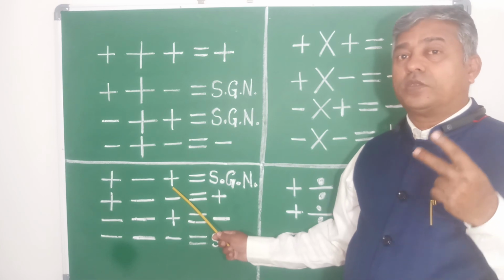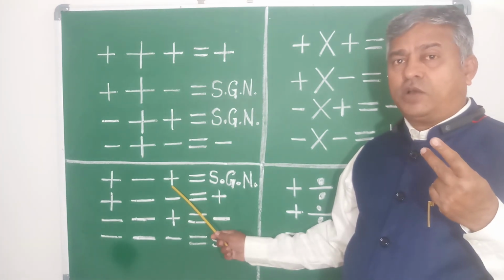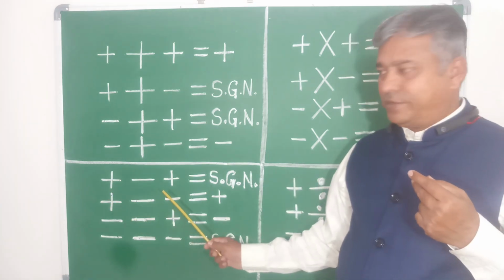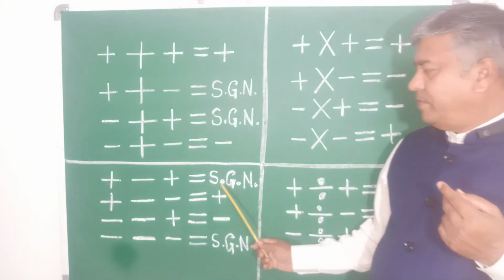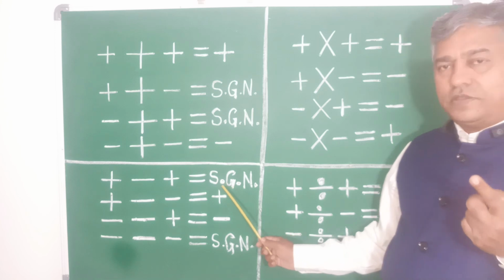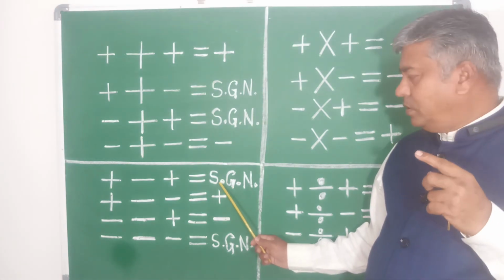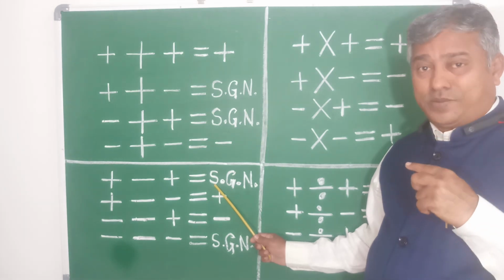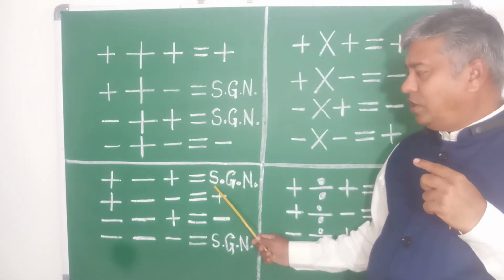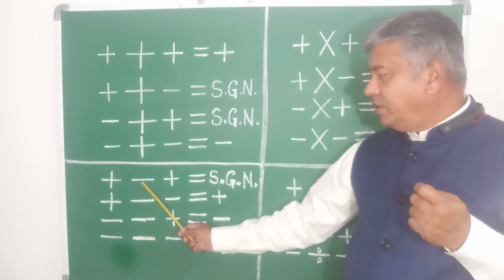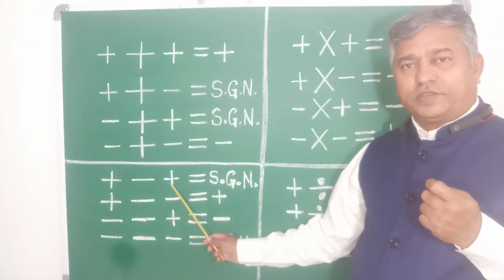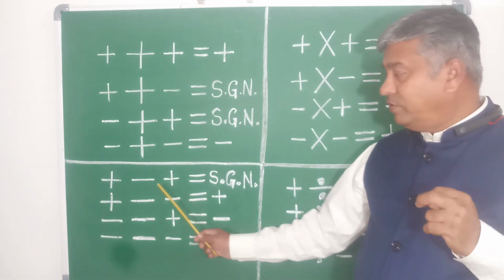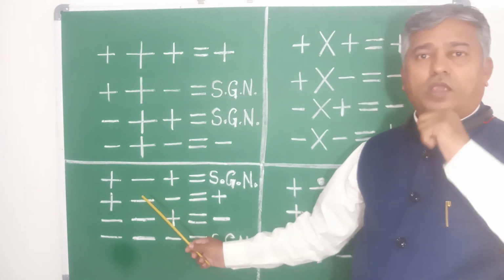It means the subtraction of two positive numbers takes the sign of the greater number, because the second sign should be changed because of subtraction.